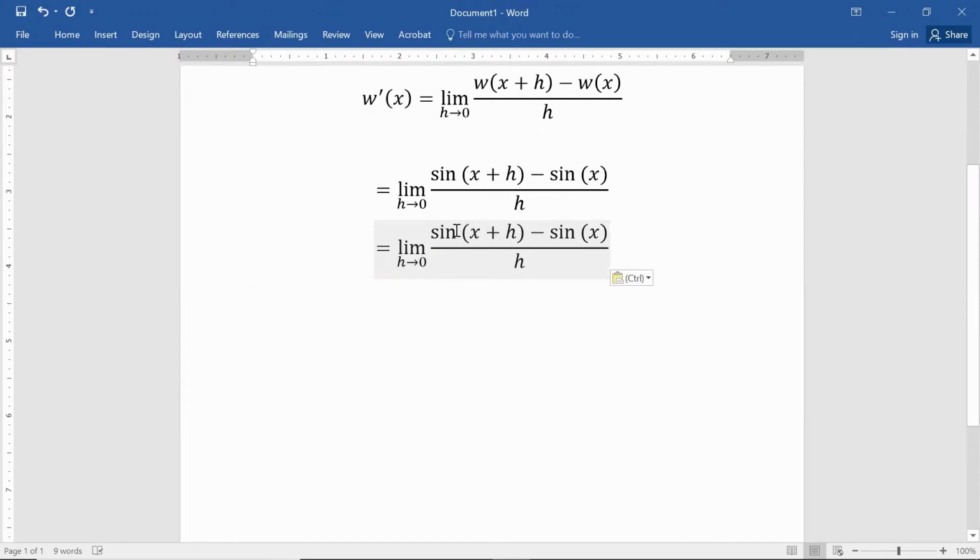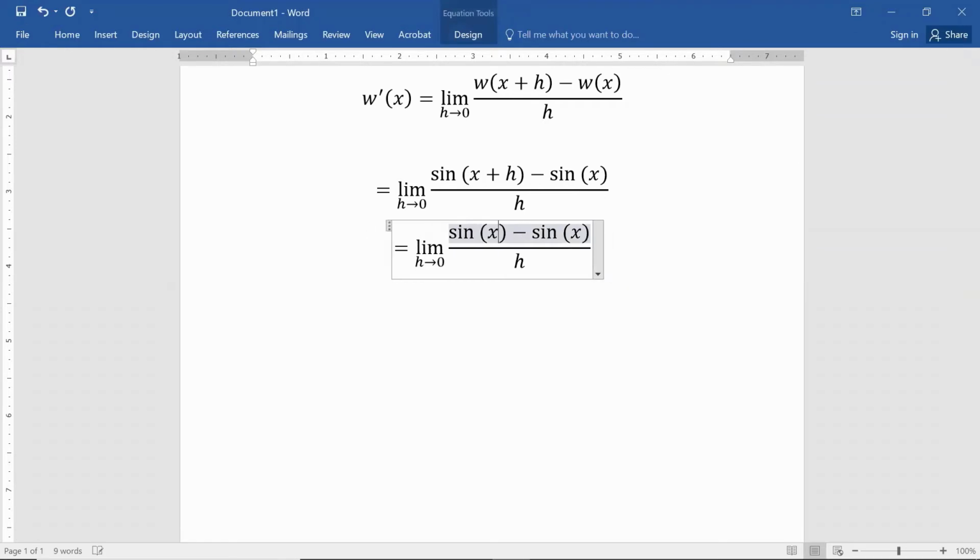There's an identity for sine of x plus h: sine of x plus h equals sine of x times cosine of h plus sine of h times cosine of x.